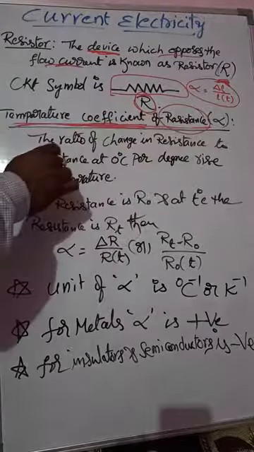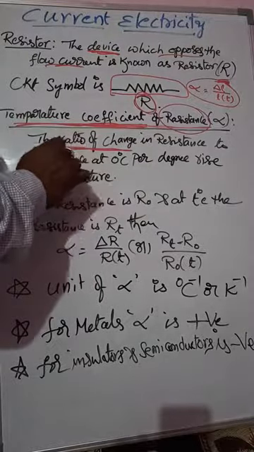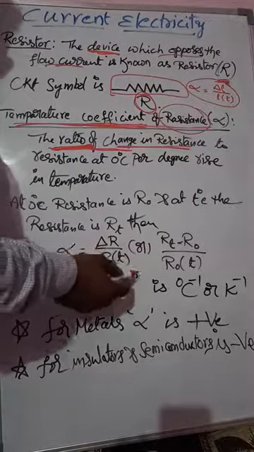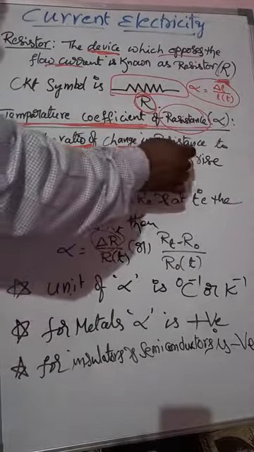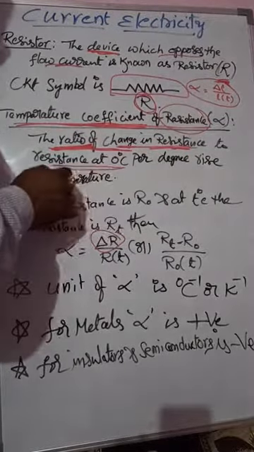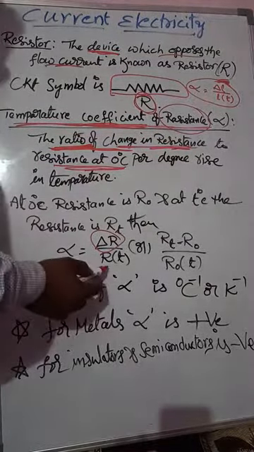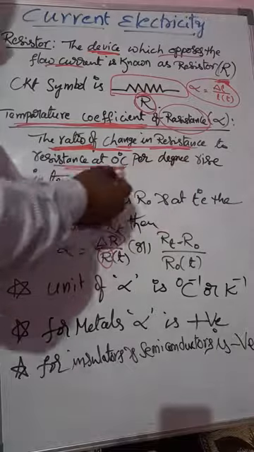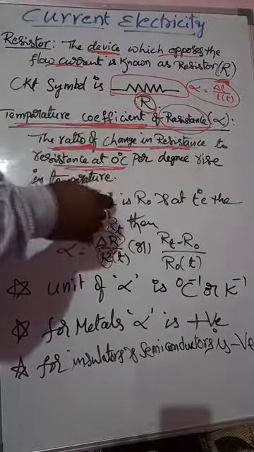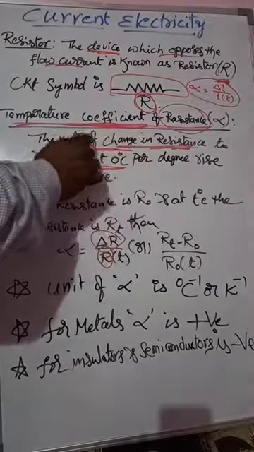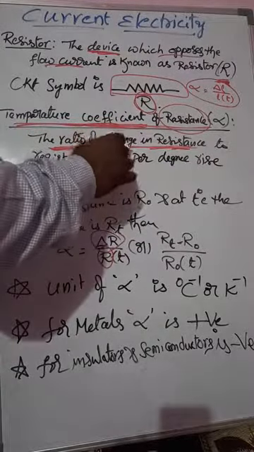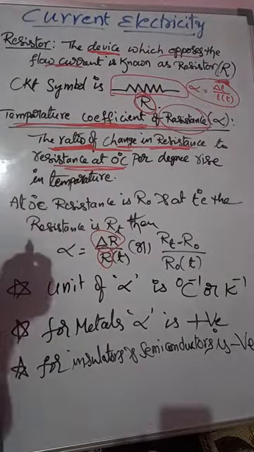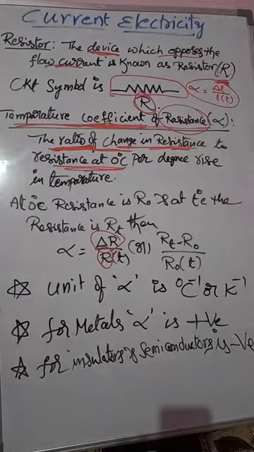Temperature coefficient of resistance is the ratio of change in resistance, that is delta R, to the original resistance at 0 degree centigrade, that is R naught, per 1 degree rise in temperature. As per definition, this is known as the temperature coefficient of resistance.